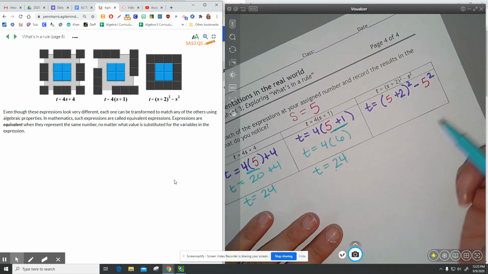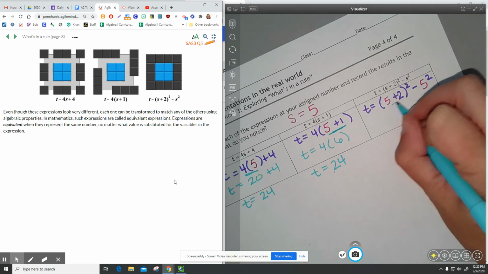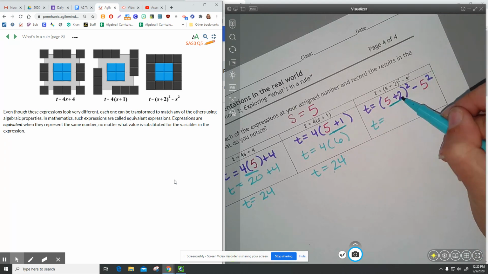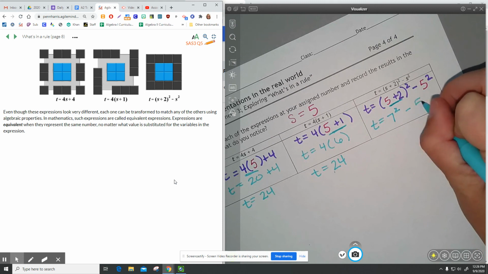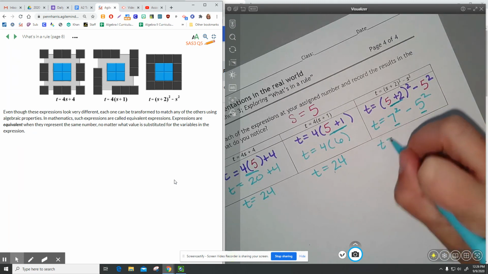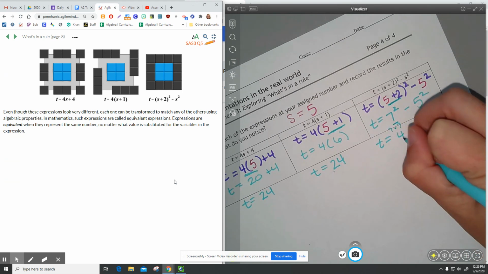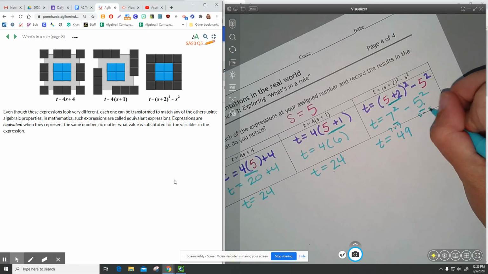So here they're the same. And on this last one, again, parentheses come first. So T equals 5 plus 2 is 7, squared, minus 5 squared. Let's do each one of these. 7 squared means 7 times 7, which is 49. And 5 squared is 5 times 5, which is 25.